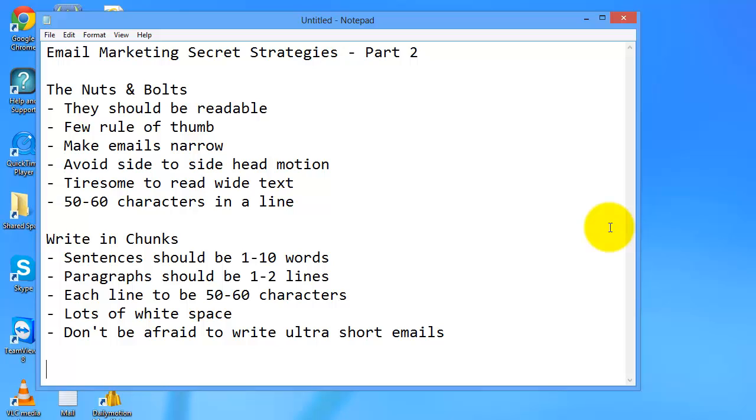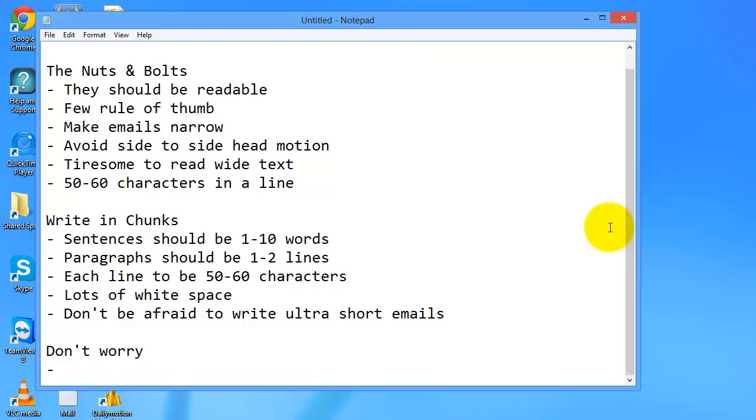So do not concentrate too much, do not put too much brain into it. Do not worry, first of all, you are not writing the email to win some prize or award, right?